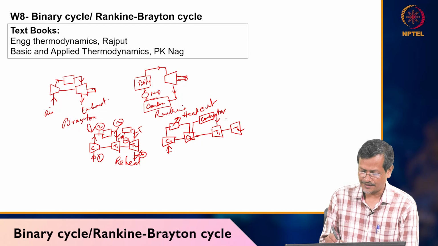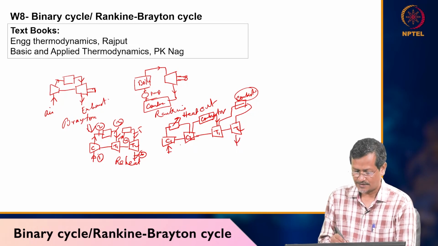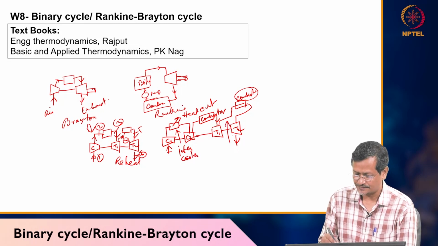From the combustor to turbine 1, then again to some heat source, and from the heat source to turbine 2, and turbine 2 goes out. So this is the intercooler, and this is reheating.